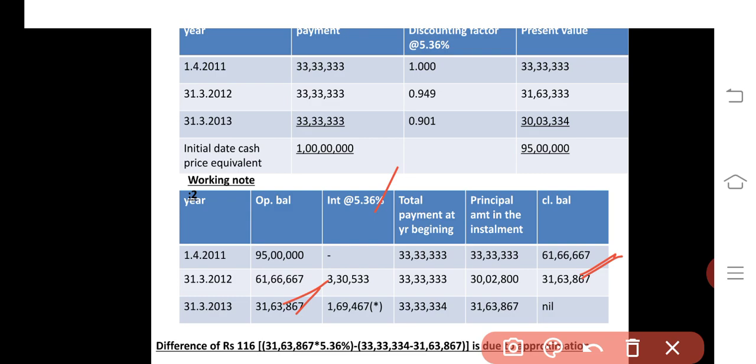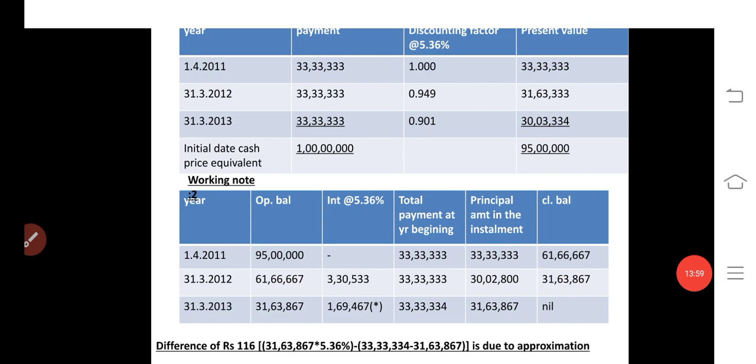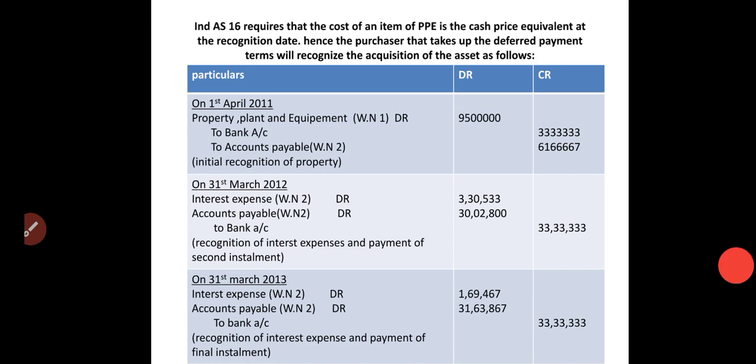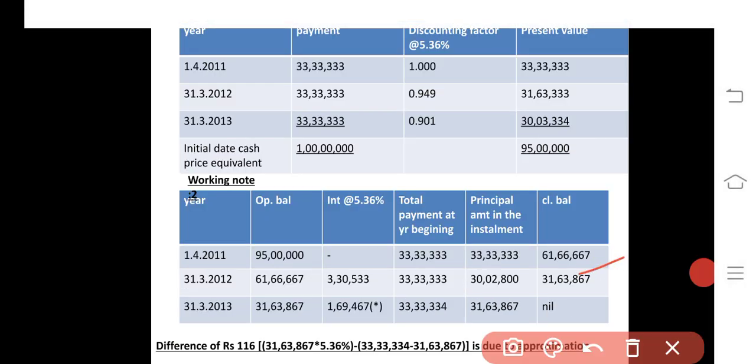So you will get... In the third installment, what should we do? Whatever closing balance amount is there, we have to pay all of it, right? This one, 31,63,867. So total payment actual 33,33,334. Principal amount at the installment 31,63,867. That means out of the 3 equal installments we have to pay all the amount, right?